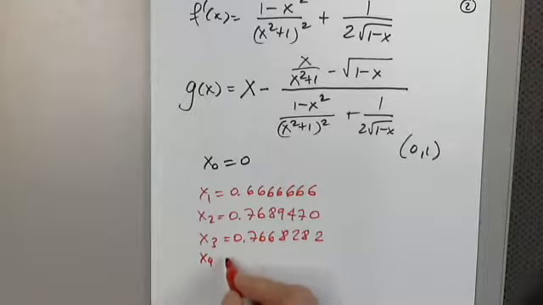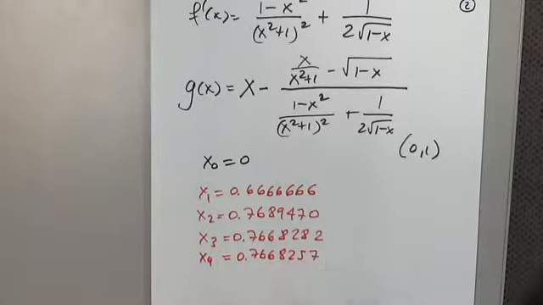So I'm assuming just one more. 7668257. And the next one should be identical with this. The first 6 digits. Yes. So you don't need the last one. So the method converged in 4 iterations after the initial value. Is that okay?